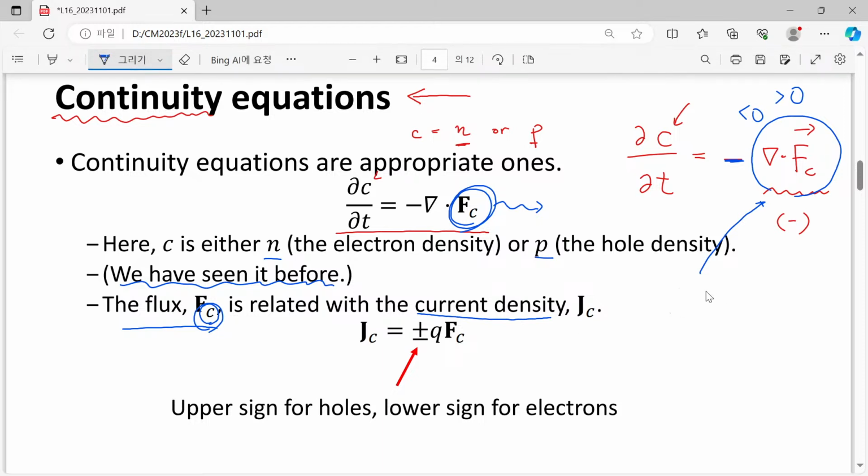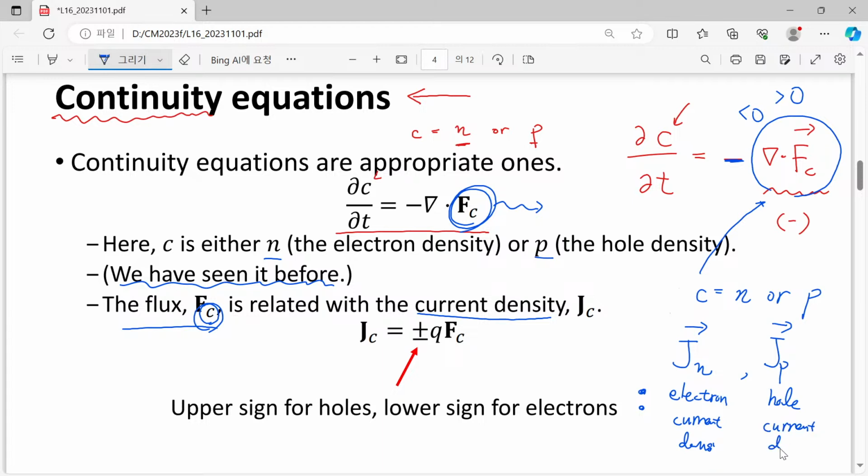So here C, once again, can be either P or N. So we can define some quantities like J sub N or J sub P. Please try to understand the physical meaning of this J sub N and J sub P. This is electron current density, and this is a similar quantity, hole current density.